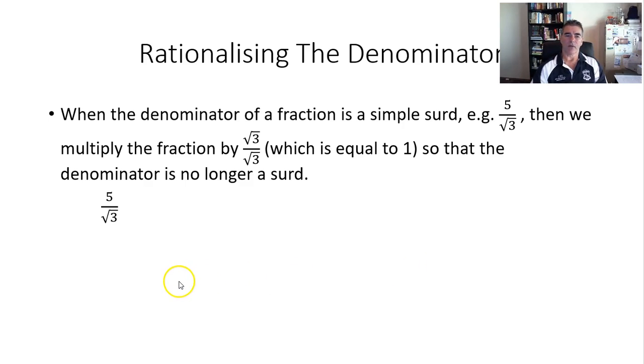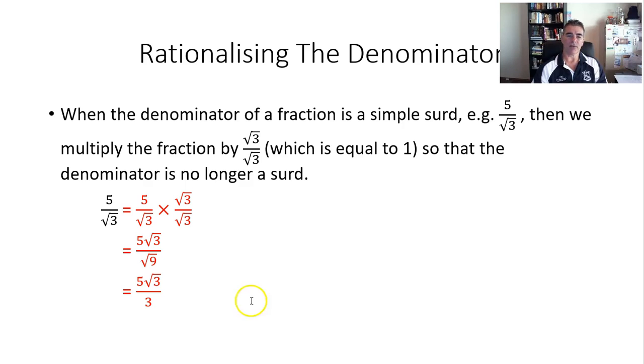So let's take 5 on root 3. As we said, we're going to multiply it by root 3 on root 3, because that's just 1. When we multiply fractions, we multiply the numerators together, and we multiply the denominators together. So we get 5 root 3 on root 9, and remember, we know what the square root of 9 is, that's just 3.